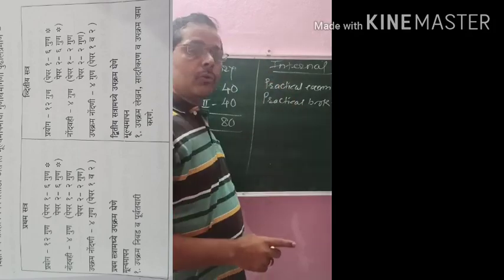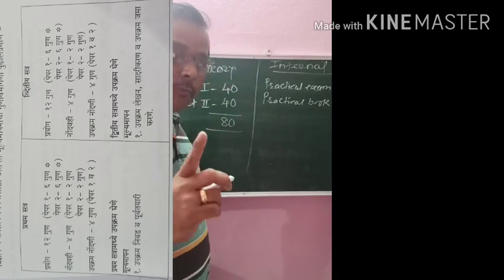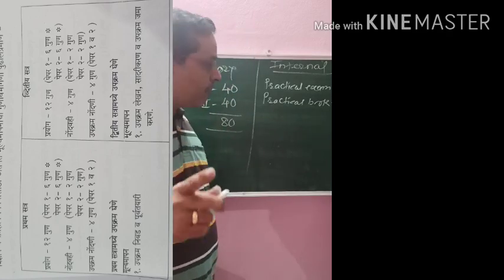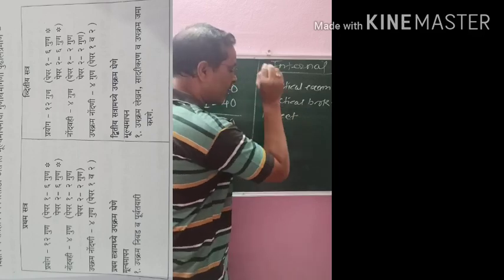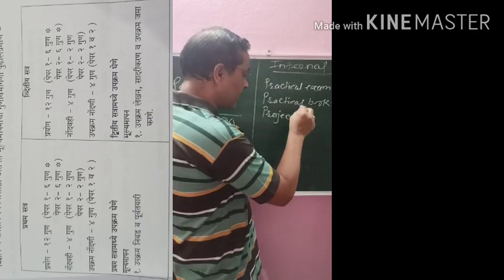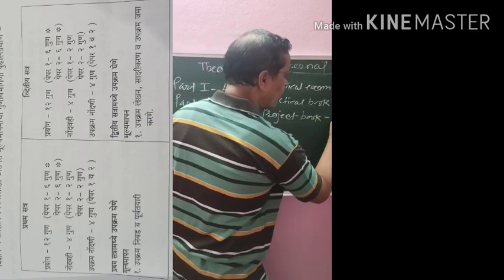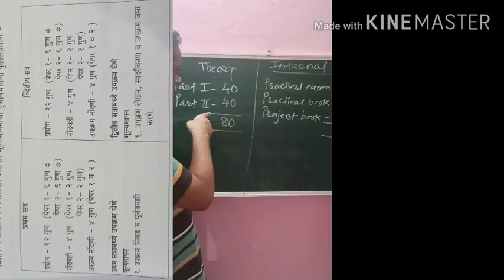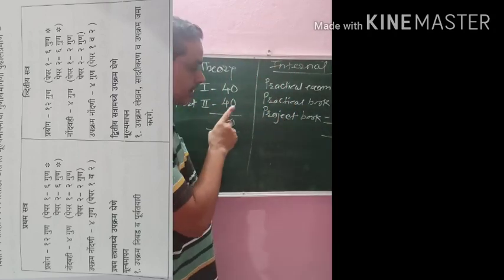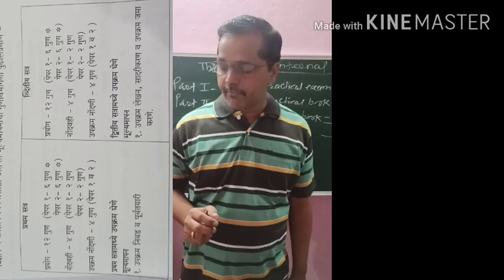And this year we have to complete two projects, one on part 1 and one on part 2. Whenever we submit the project report or project book, we get 4 marks. So the internal assessment is 20 marks and the theory papers are 80 marks. In this way it is a total 100 marks subject.